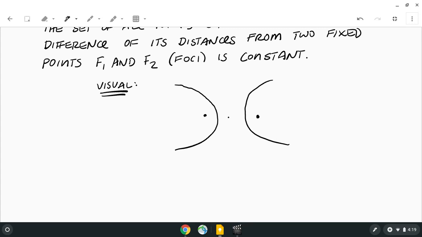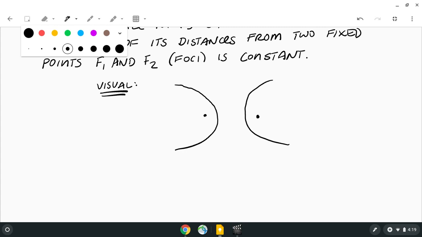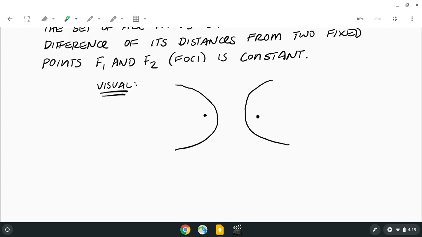And the distance that they're talking about is, okay, let me take that off. If you take a point on the hyperbola, let's take this one, and you look at this distance and this one over here.